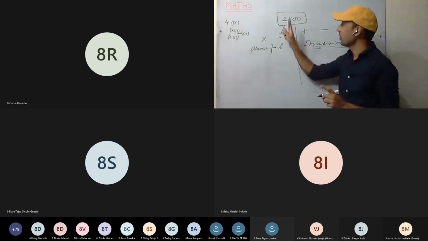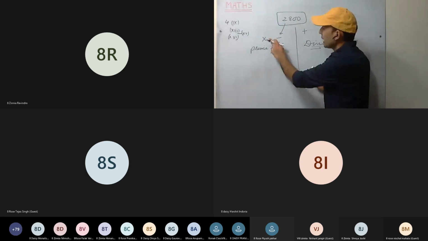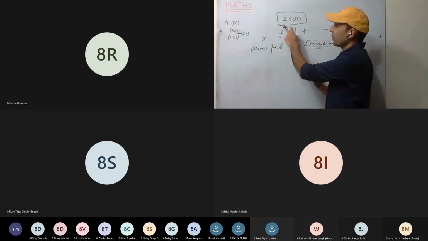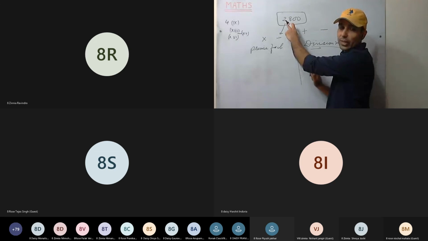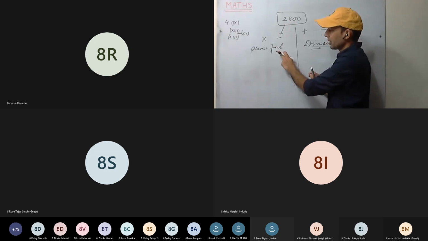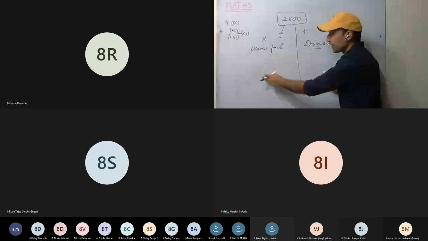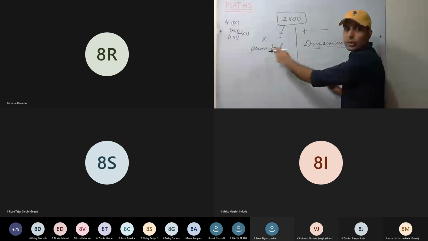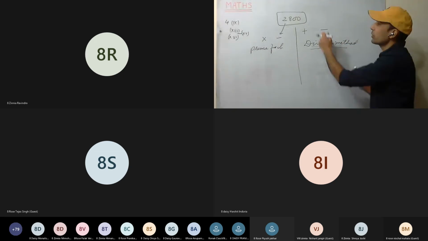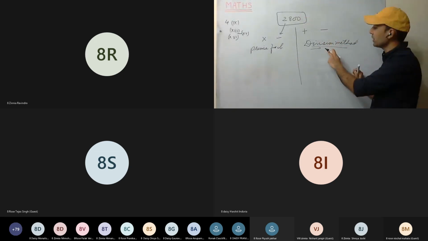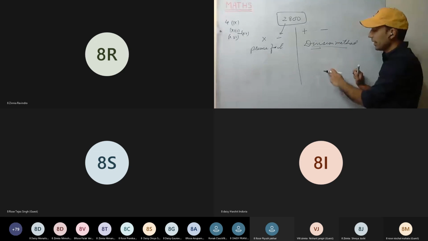Whenever we have to multiply or divide by some number to make it a perfect square, we require the prime factorization method, because we require the factors, we have to make the pairs. Here we have to add or subtract something, which means we require the division method, because we will be requiring the quotient and remainder.